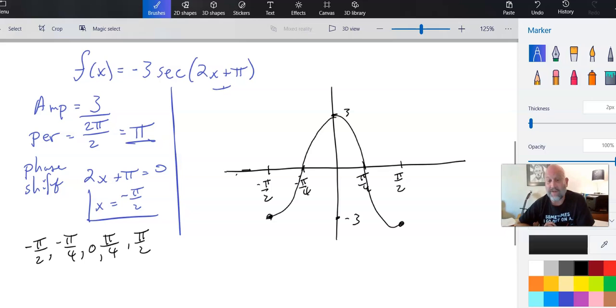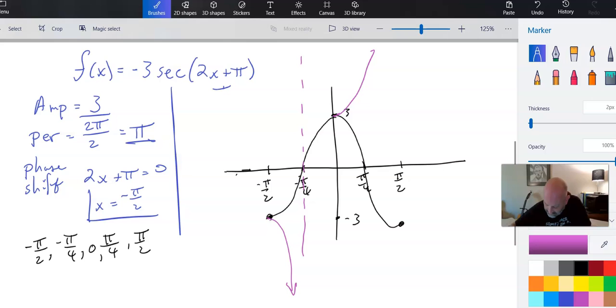Now, since we're not graphing cosine though, we're graphing secant. And we have to use cosine to make secant. And remember, what secant does is it just launches off of the peaks and troughs of cosine. So our actual graph, well, let's see, we have our asymptotes wherever the cosine is 0 here.